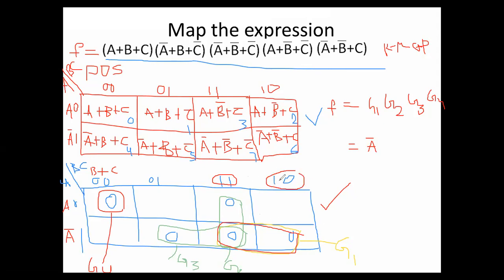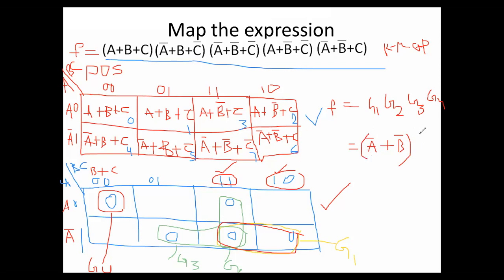Which is common here? 1 is common. That 1 belongs to which variable? The B variable. B is equal to 1, which means here we write B bar. B is 1, that's why B bar. So for group 1, we are getting this.